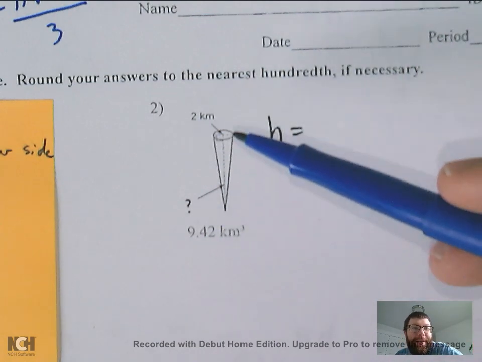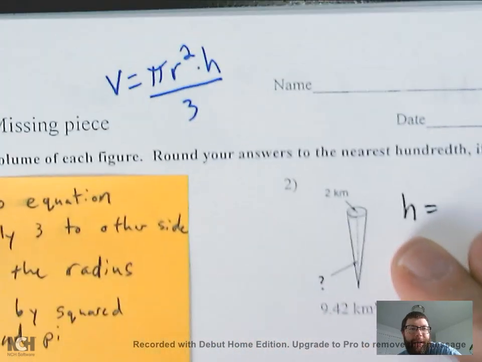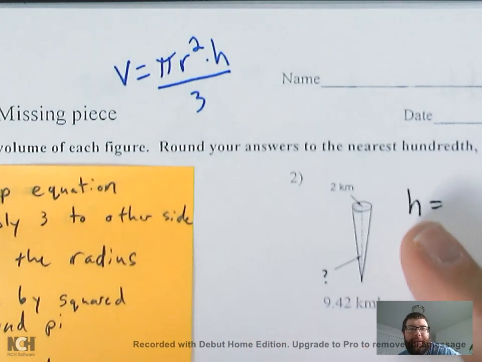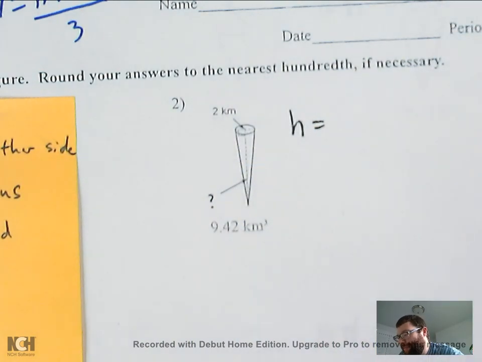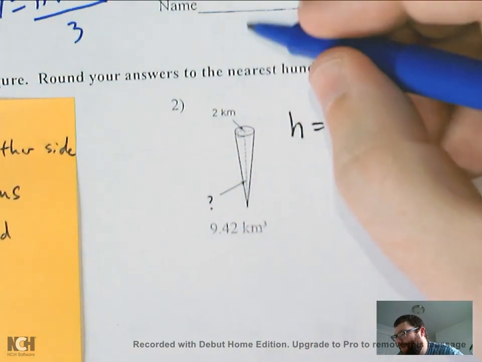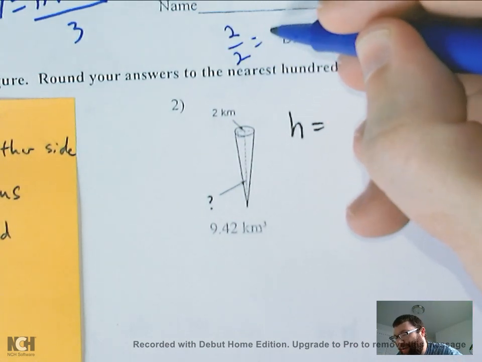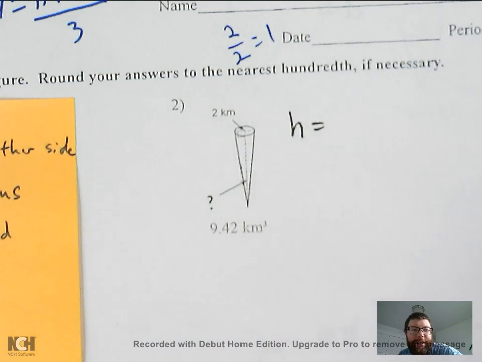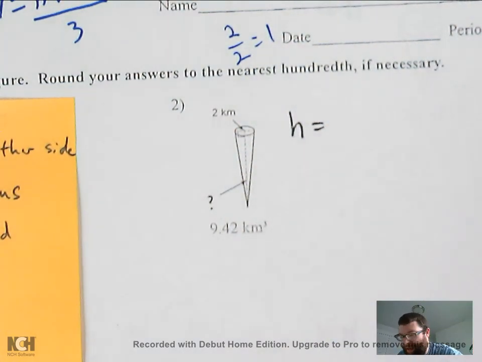So first things first, I don't have a place for the diameter in the formula, right? I have a place for the radius. So how do I get the diameter down to radius? Well, diameter is basically just 2 radiuses, right? So if you divide the diameter by 2, you should get your radius, which is 1. So now I know the radius and I know the volume. The only thing I don't know is the height.